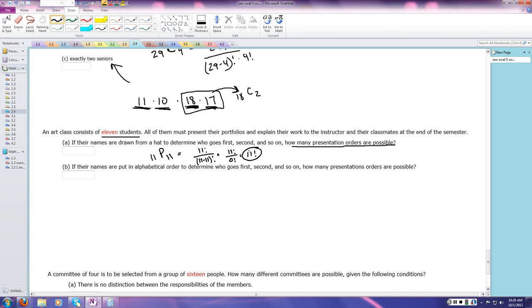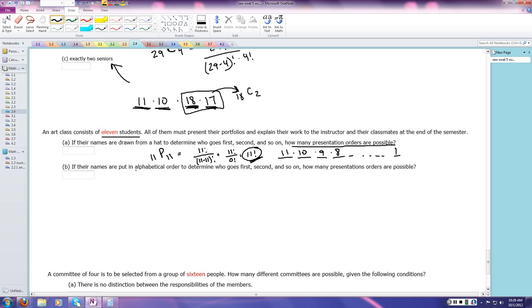Which should make sense because if I had 11 blocks, I would have 11 times 10 times 9 times 8, and so forth, times 1. So I have 11 times 10 times 9 times 8 times 7, which is 11 factorial, which might be faster to plug in your calculator as 11 factorial than 11 times 10 times 9 times 8, and so forth.